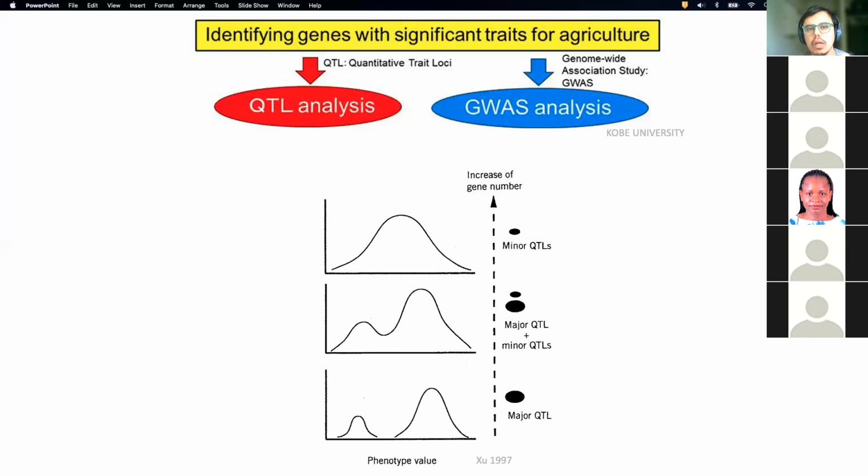You need to have both kinds of data to estimate the breeding values of those lines. What you actually want to do is estimate the effect of every single allele, and when you sum all the effects of the alleles, that is the breeding value. You want to do that because with that information you can do predictions.